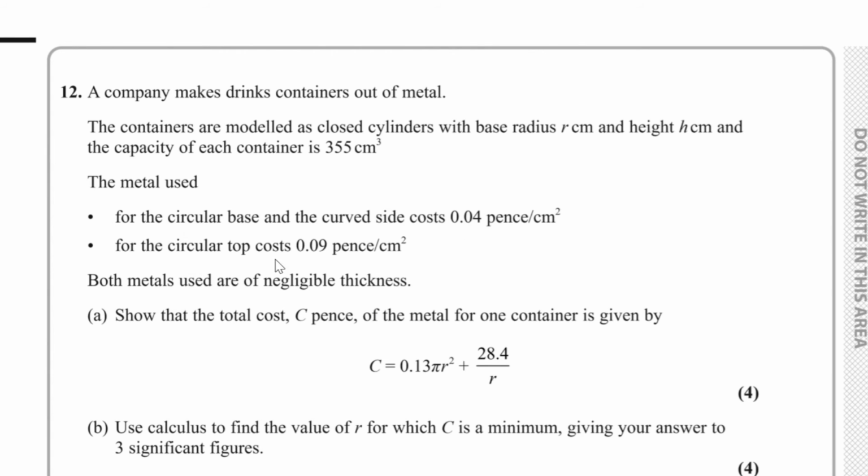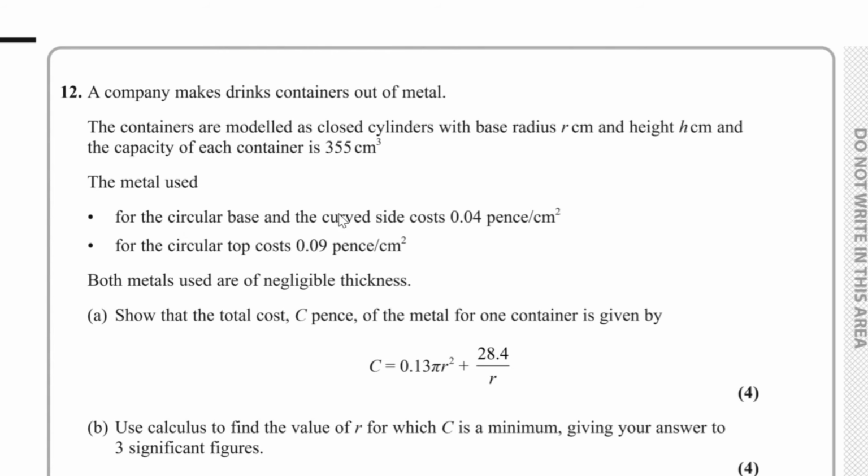The circular top costs 0.09 pence per centimeter squared. Both metals used are of negligible thickness. For part A, we have to show that the total cost, C pence, of the metal for one container is given by C equals 0.13 pi r squared plus 28.4 over r.